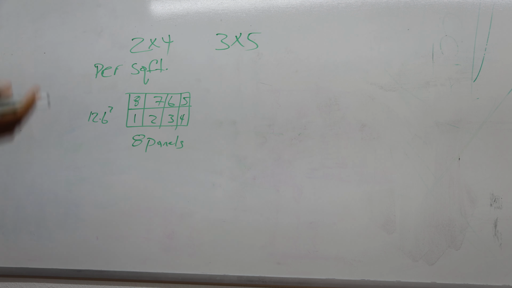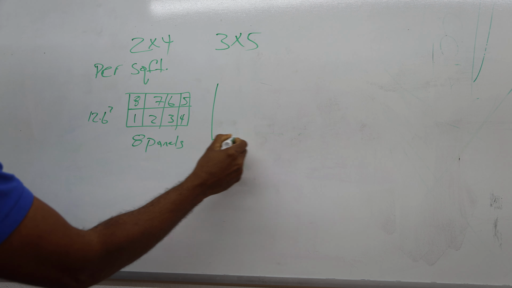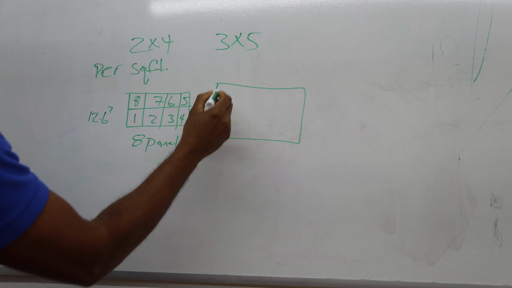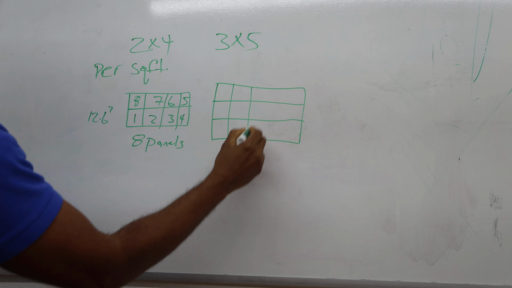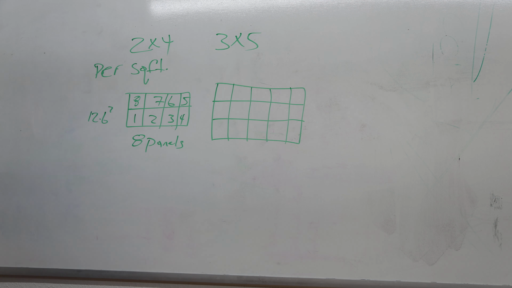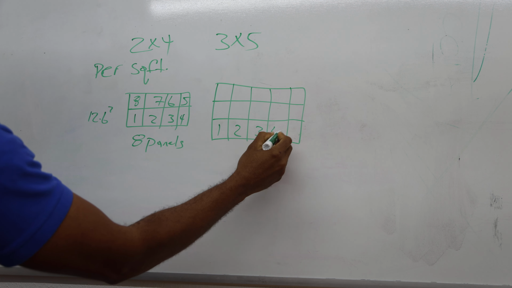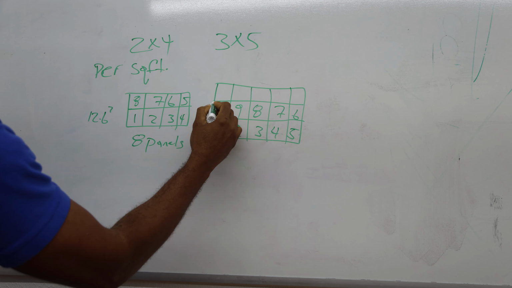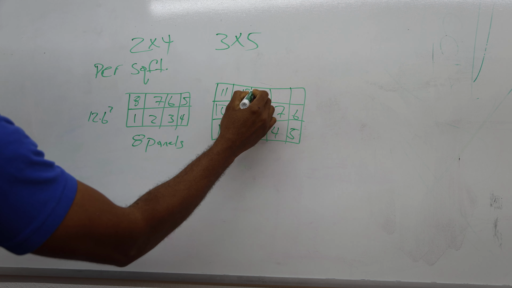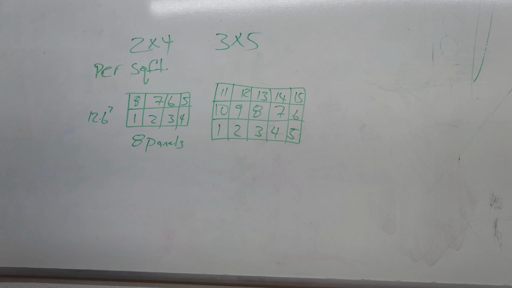Now let's say we want to move that up to the 3x5 instead. Then what we're looking at is going wider, going a little taller, and then it's 1, 2, 3, 4, right? So now for this sign, what we have is 1, 2, 3, 4, 5, 6, 7, 8, 9, 10, 11, 12, 13, 14, 15, right?